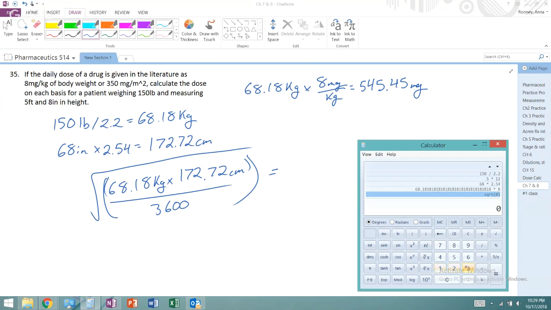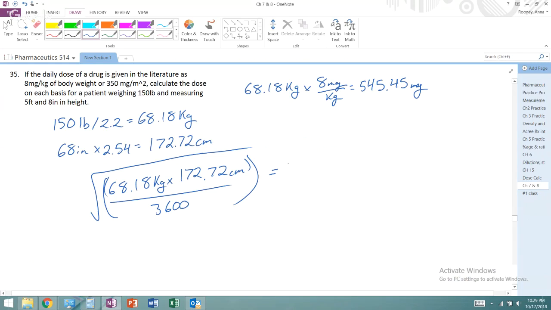All right, so 68.18 times 172.72 divided by 3600, and then take the square root, which is 1.808.